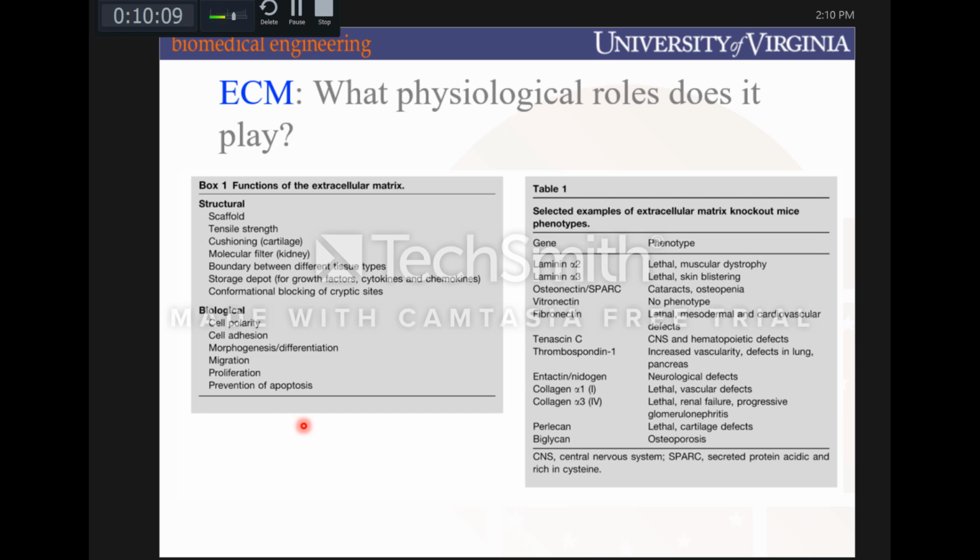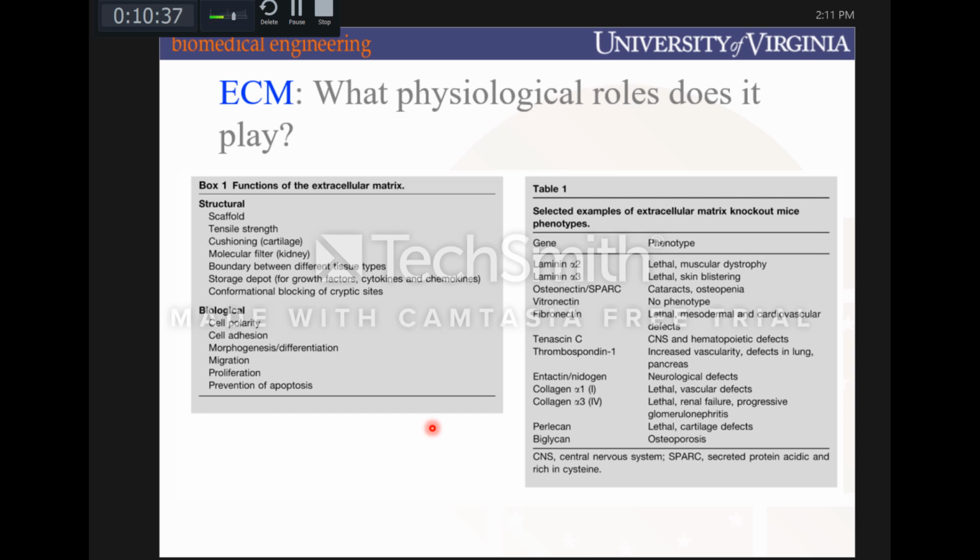Can anyone think of a disease where cells keep on proliferating when they're not supposed to? There you go. So not being able to sense extracellular matrix cues is actually a hallmark of a huge number of cancers. And then prevention of apoptosis. So this is another cancer thing. So either preventing the cell from killing itself or telling the cell, okay, it's time to stop. Like you can program cell death.